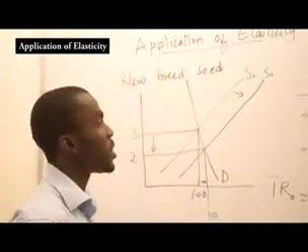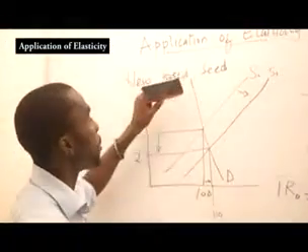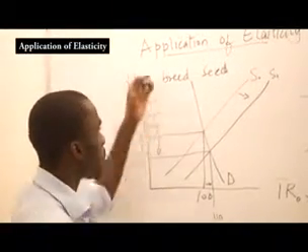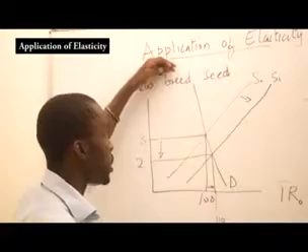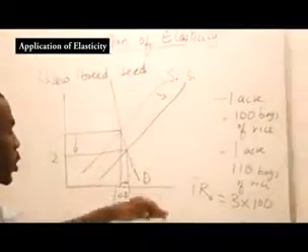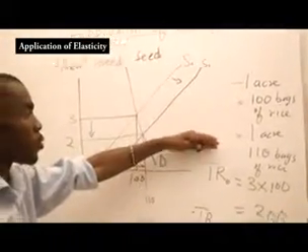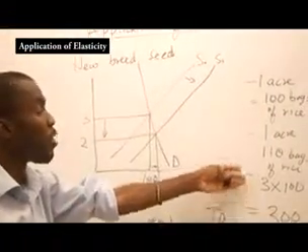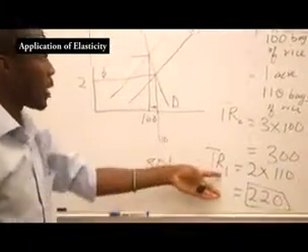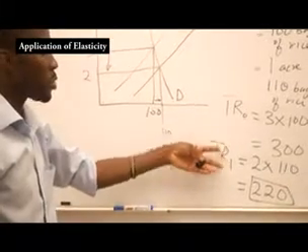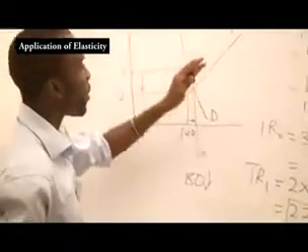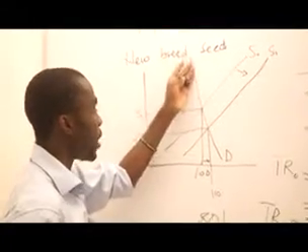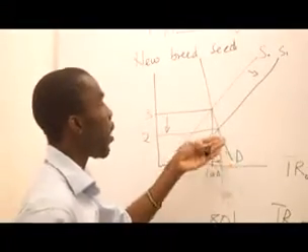So the farmer is now caught up in this dilemma as to whether to use the new breed to produce or to use the old one. When he used the old breed, he had more revenue than if he used the new breed. And we know that this is because the elasticity of demand is inelastic.